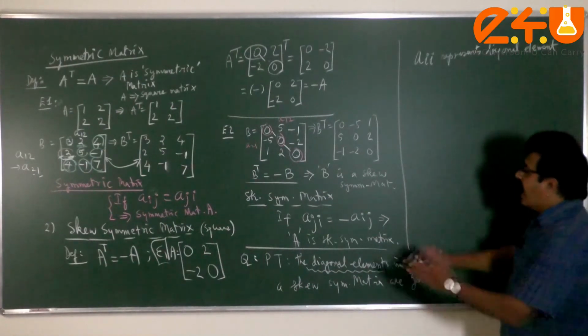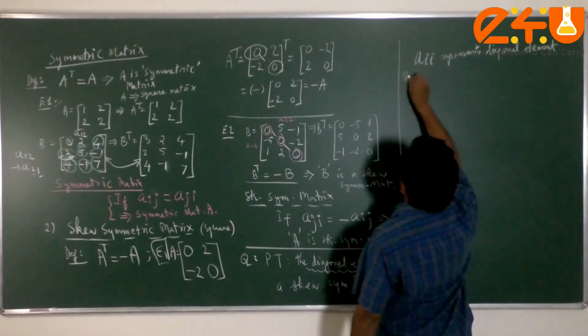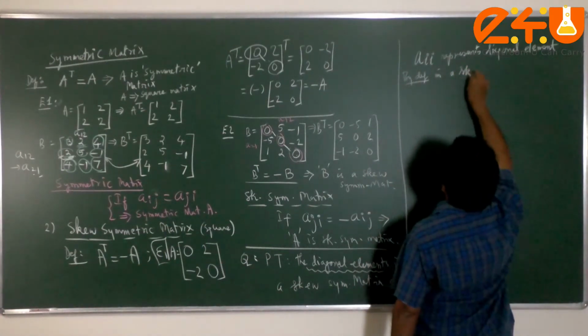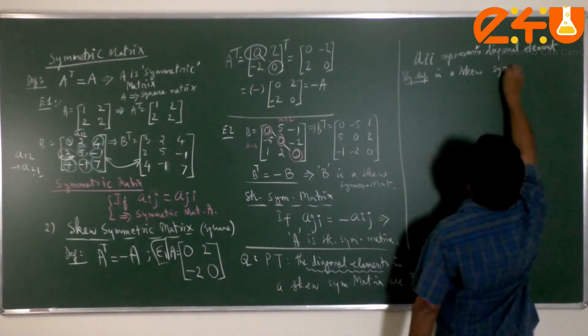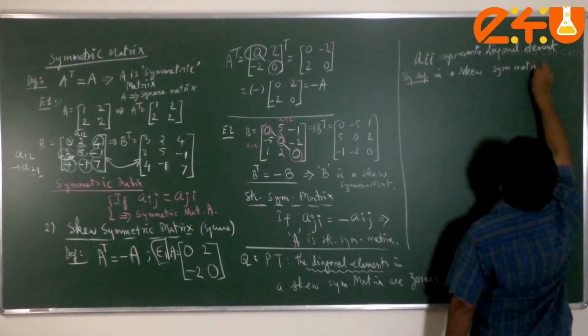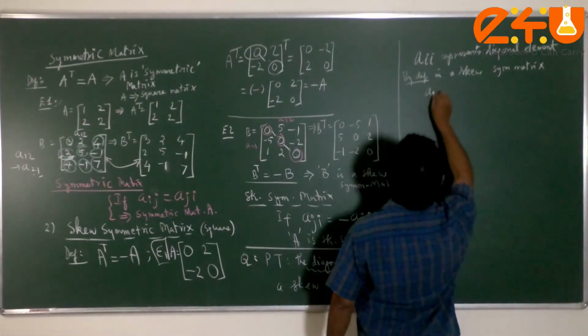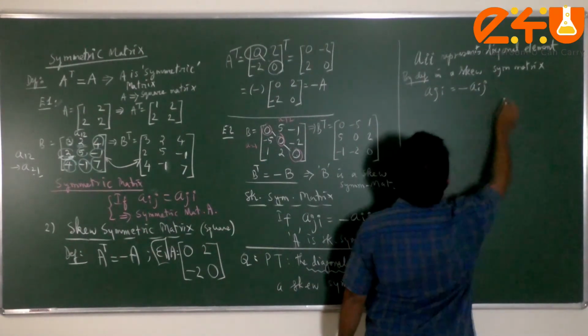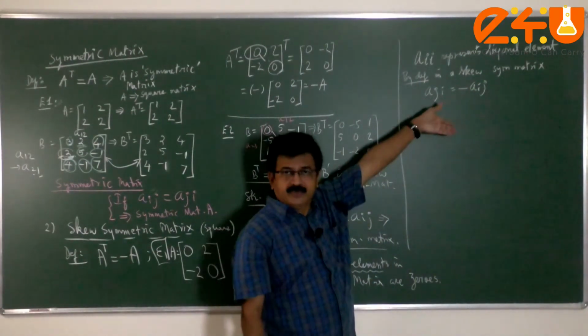Fine. And by definition, we know in a skew symmetric matrix, what should happen? Aji is equal to negative of Aij. I have written only the definition.